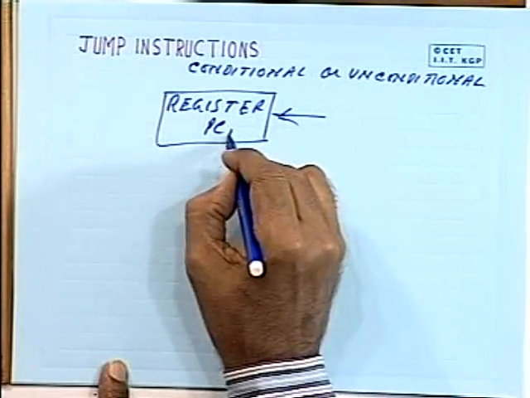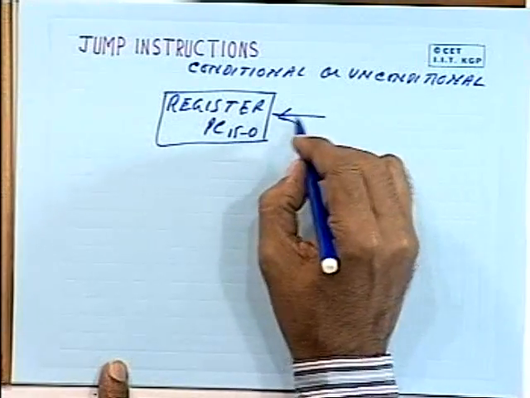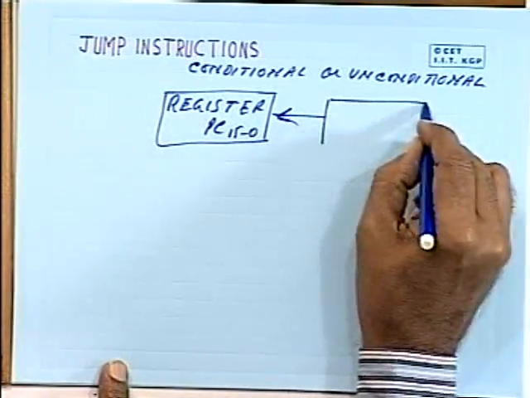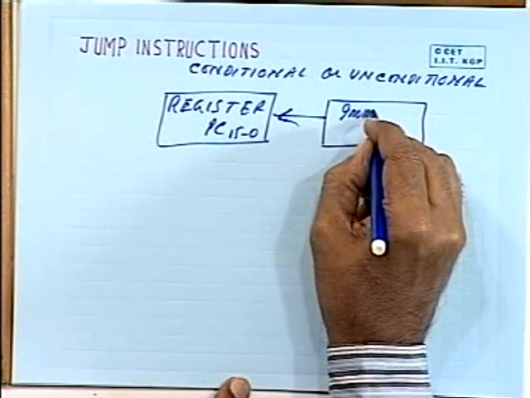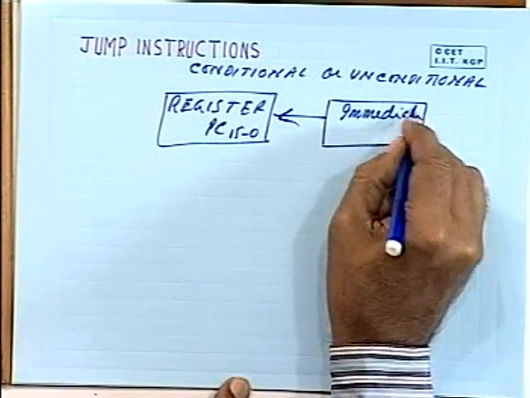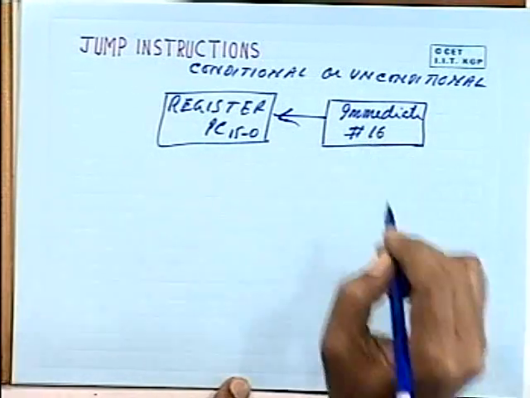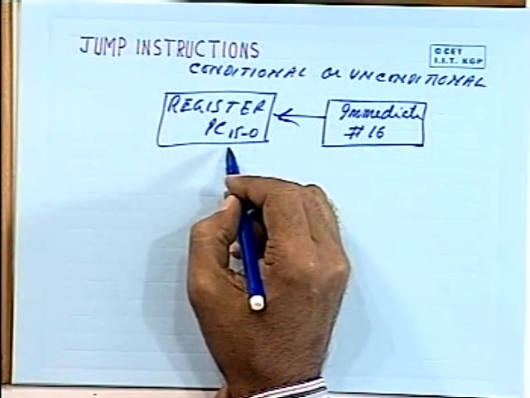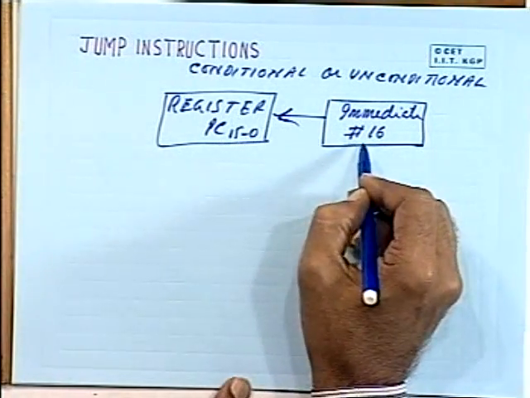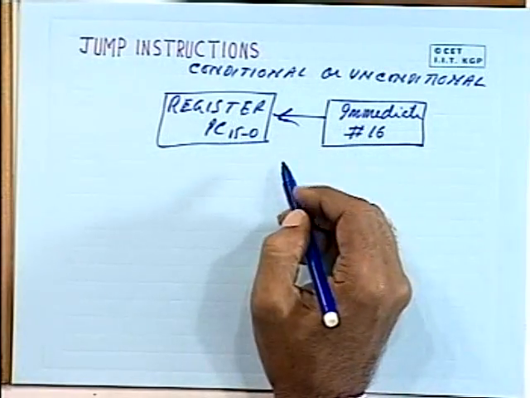and all the 16 bits, 15 to 0, are modified by the immediate 16-bit data. So the 16-bit data is pushed into the program counter, and the next instruction is taken from there. So the jump is taking place.